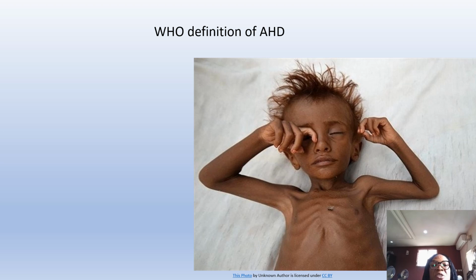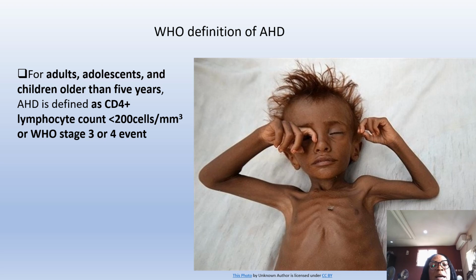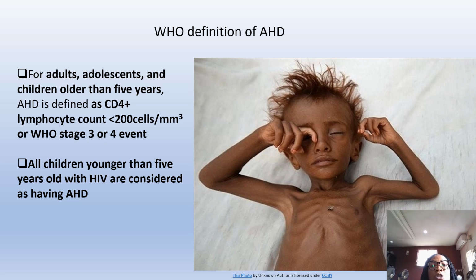What is the WHO definition of advanced HIV disease? For adults and adolescents and children older than 5 years old, advanced HIV disease is defined with CD4 as criteria: CD4 T lymphocyte cells less than 200 cells per cubic millimeter, or WHO clinical stage 3 and 4 events. Also, all children younger than 5 years of age with HIV are considered as having advanced HIV disease.